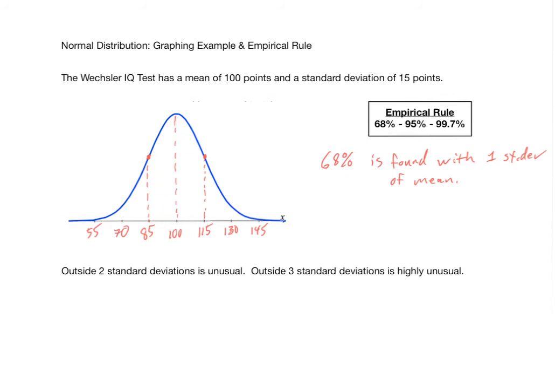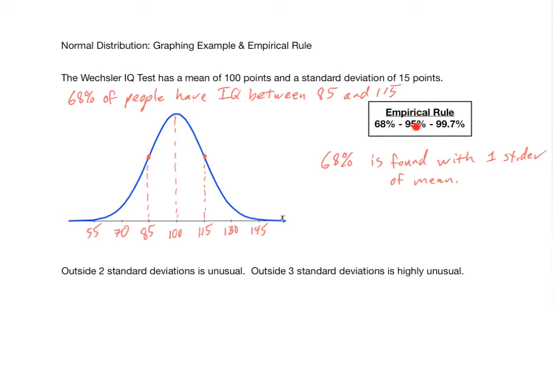So to be specific here, 68% of people have IQ between 85 and 115. That's the meaning of this first percentage in the empirical rule.